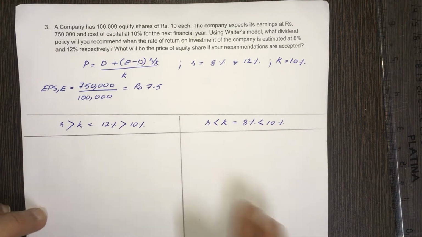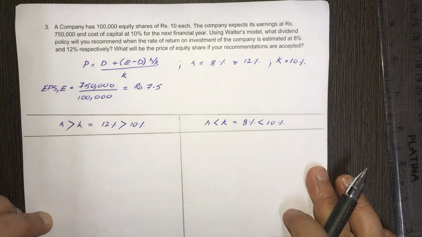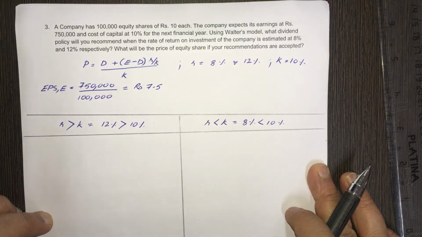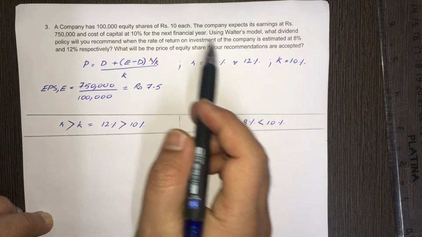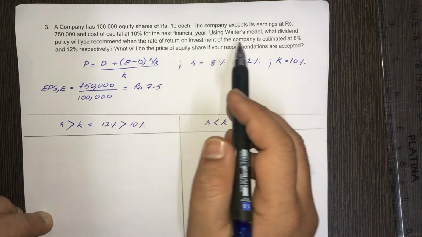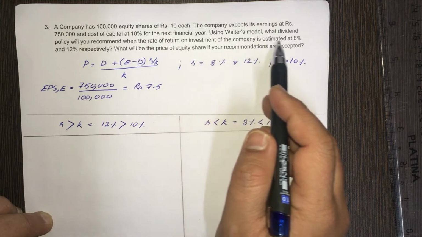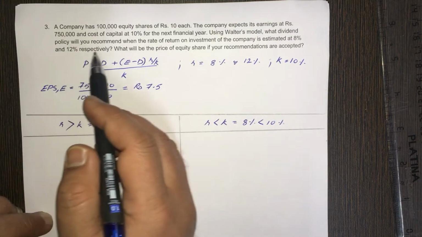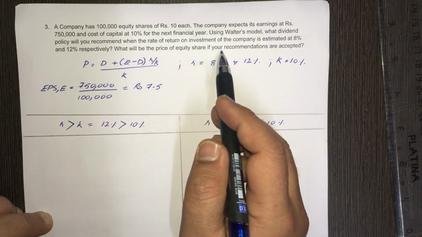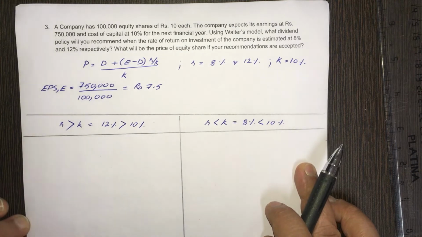Now, we know what is E, we know what is R, we know what is K, but what we do not know is the value of D because the dividend payout ratio is not given. Now, the problem says, using Walter's model, what dividend policy will you recommend when the rate of return on investment of the company is estimated at 8%, 12% respectively? What will be the price per equity share if your recommendations are acceptable?